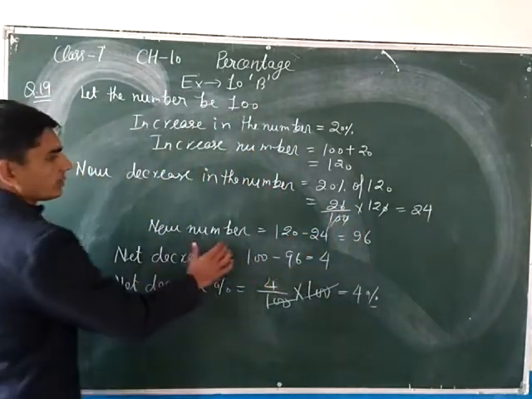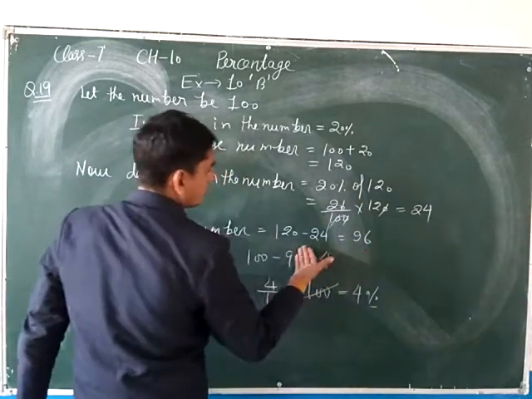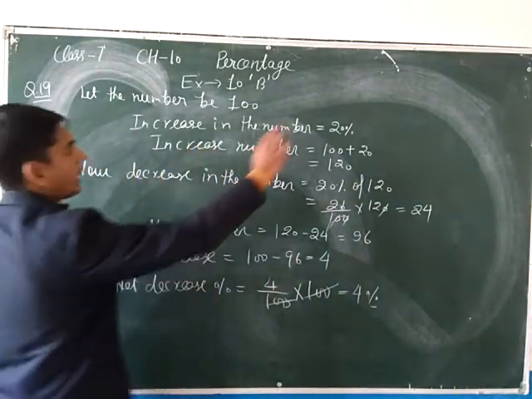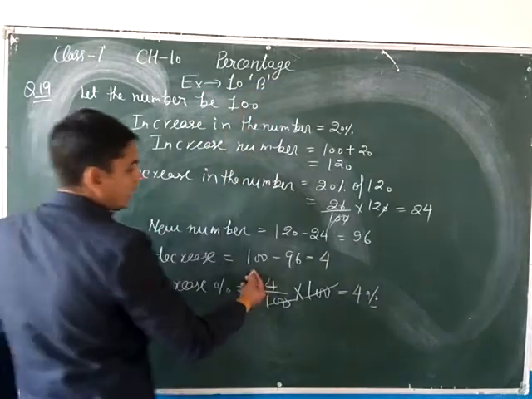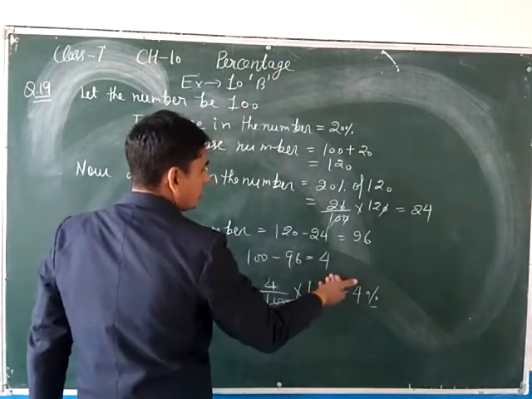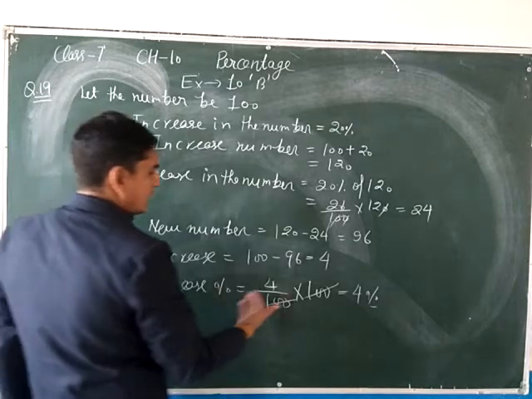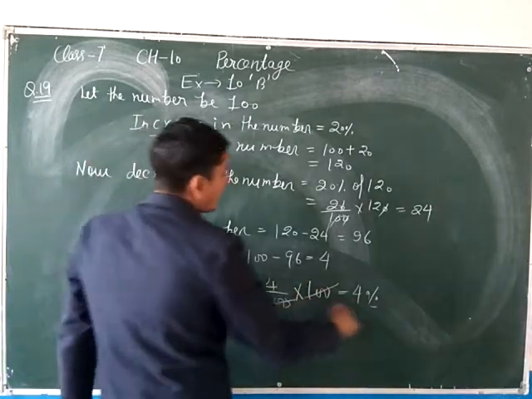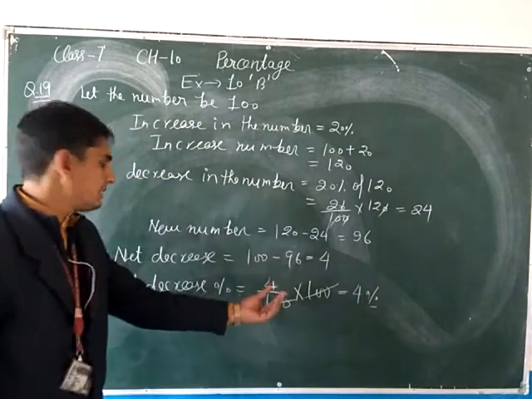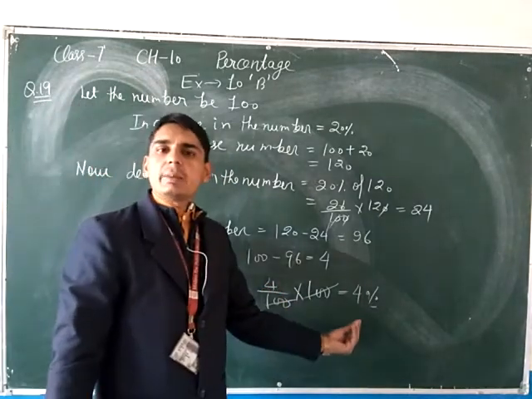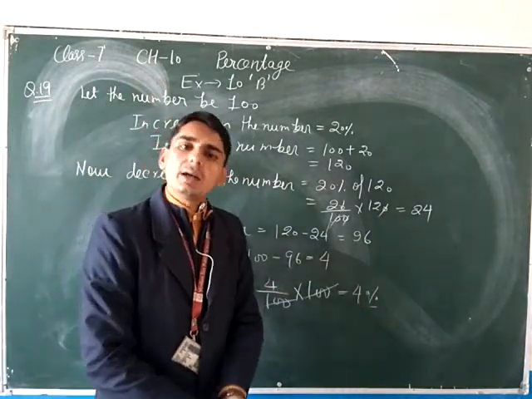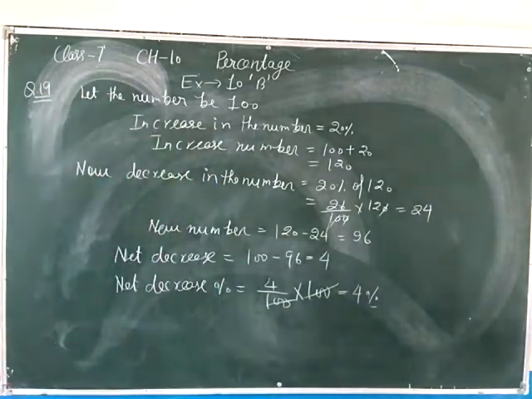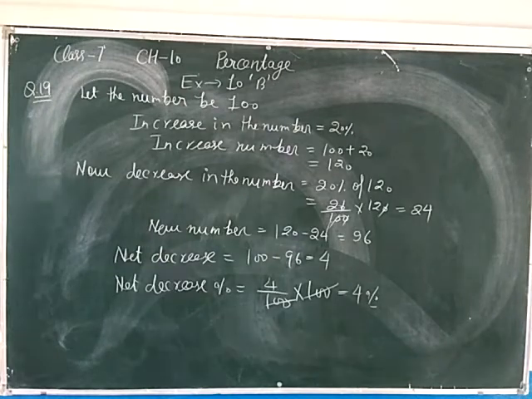So new number is 120 minus 24, 96. Net decrease: you added 100, so 100 minus 96 is 4. Net decrease percent is 4 upon 100 multiply 100, so 4% is the net decrease. Okay beta, this is the required answer. Everyone clear? After this, see the next question, number 21.